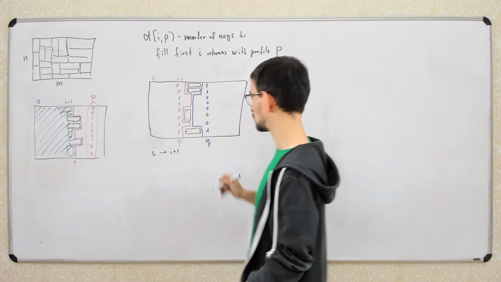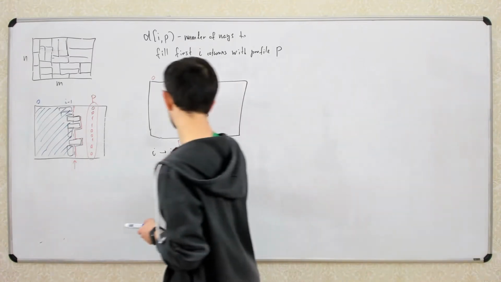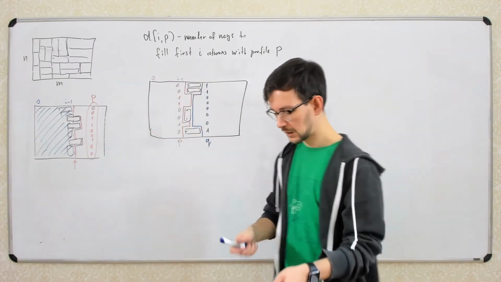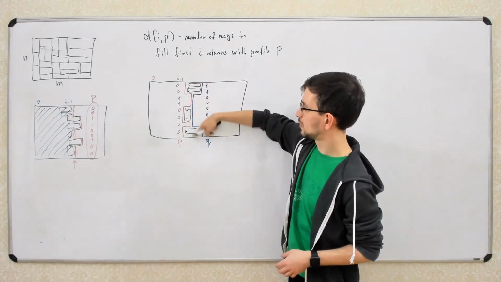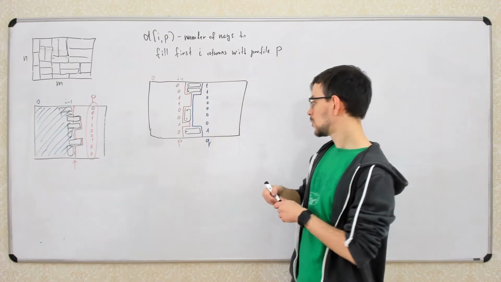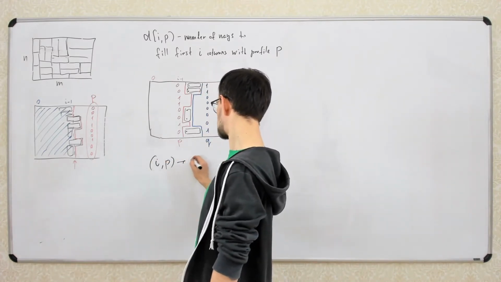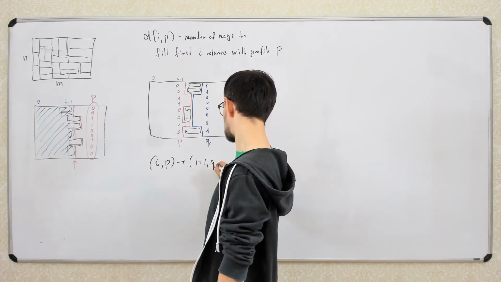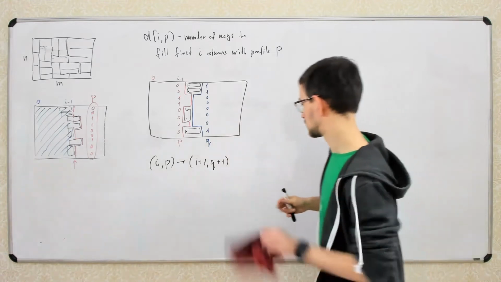Let's say profile Q. And if we fix the way how we fill all these empty squares, we will move from state I, P to state I plus 1, Q.